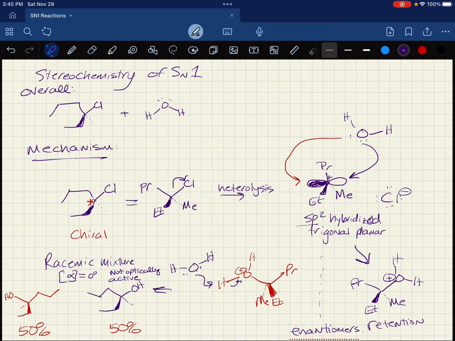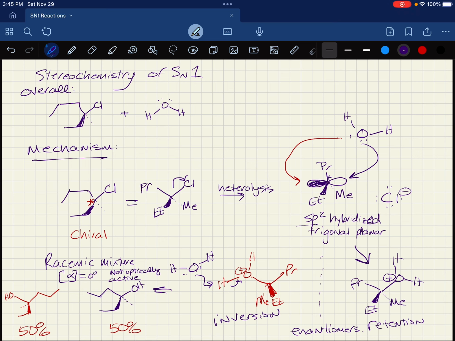And when the nucleophile ends up on the opposite side of the compound from the leaving group, that's the inversion product. Sometimes retention will have the same letter RS as the original, but it'll depend upon what the nucleophile is and how it's ranked versus the leaving group.